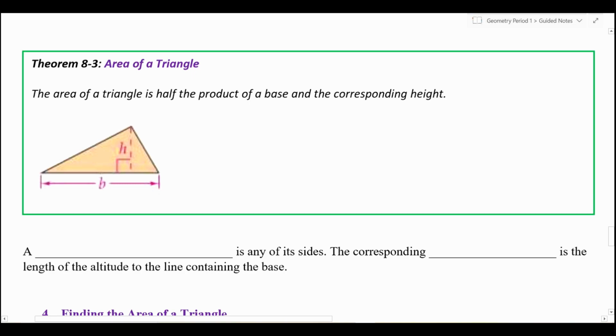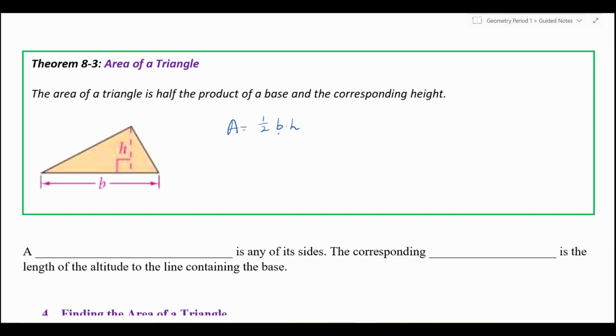So in any case for a triangle, the area is going to be 1/2 the base times height. The area of a triangle is 1/2 the base times the height. Again, just like we did with parallelograms and rectangles, if you are given two of those variables, you can calculate the third. So keep that in mind.